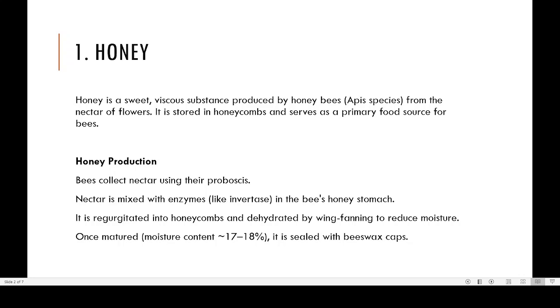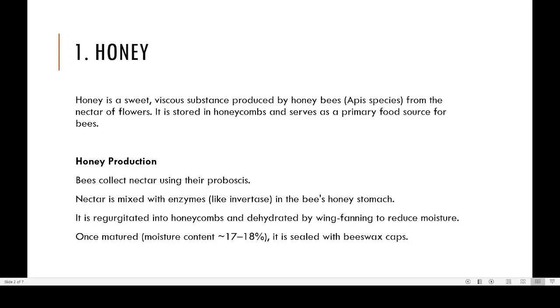Then it is regurgitated. Regurgitation means almost like vomiting. The bee takes the nectar into its stomach, processes it with the enzymes present there, then regurgitates it into the honeycomb to dehydrate.